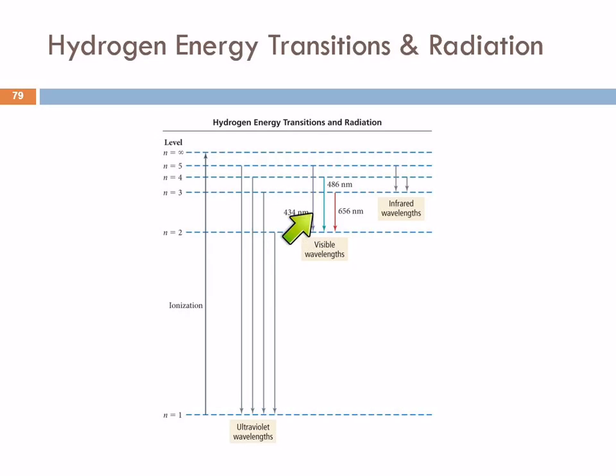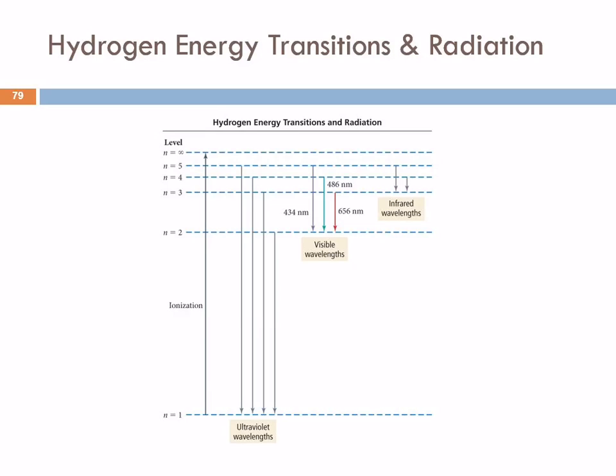These are the three transitions where the wavelength corresponds to visible light. There are other transitions occurring as well, and they are still electromagnetic radiation, but our eyes can't detect them. These transitions fall in the infrared range. The transitions from 5, 4, 3, and 2 all the way down to 1 fall in the ultraviolet.